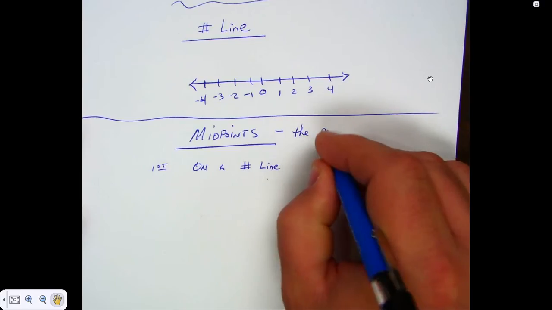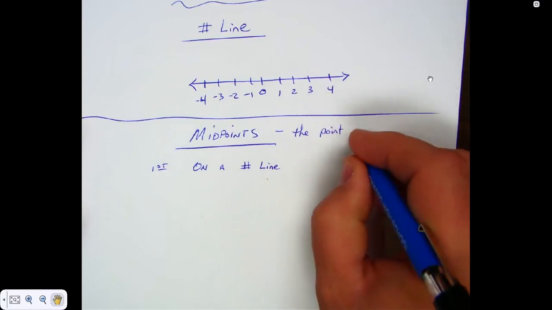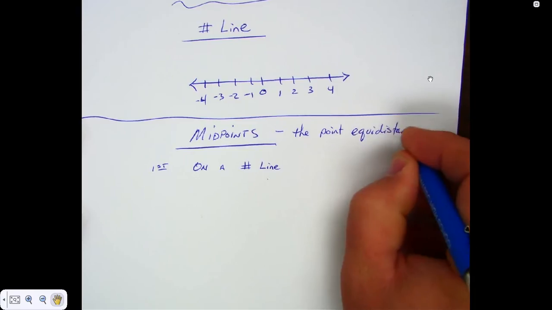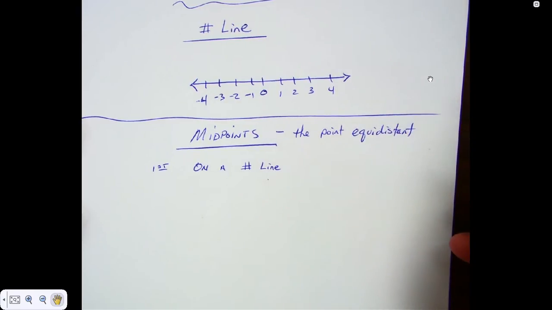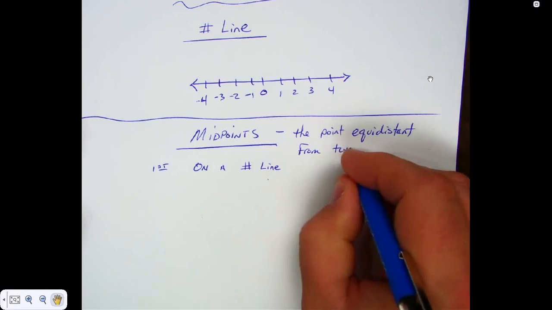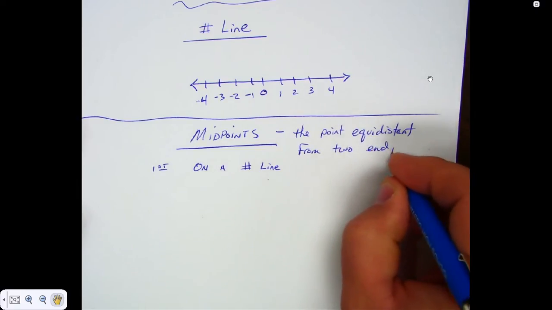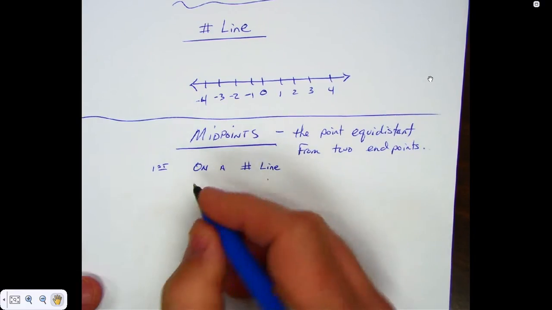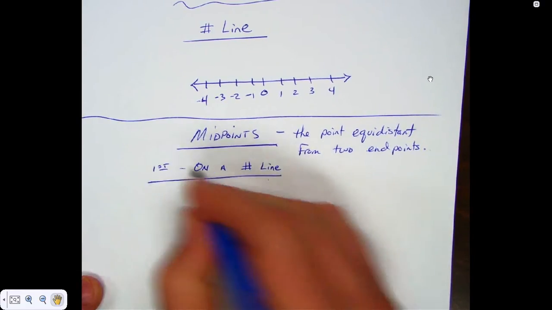The point equidistant. What does that mean? Same distance from two endpoints. That's what a midpoint is in layman's terms. First, on a number line.